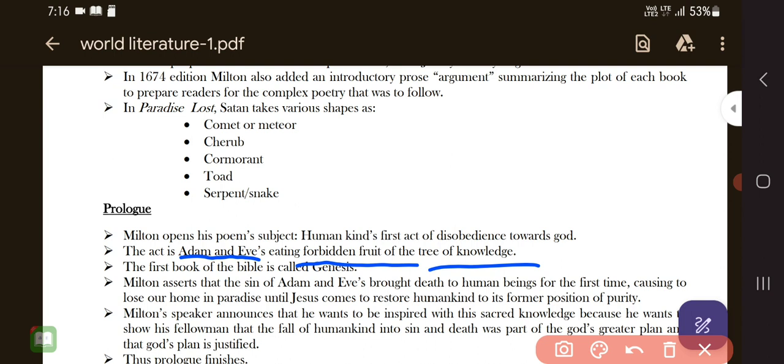The first book of the Bible is called Genesis.